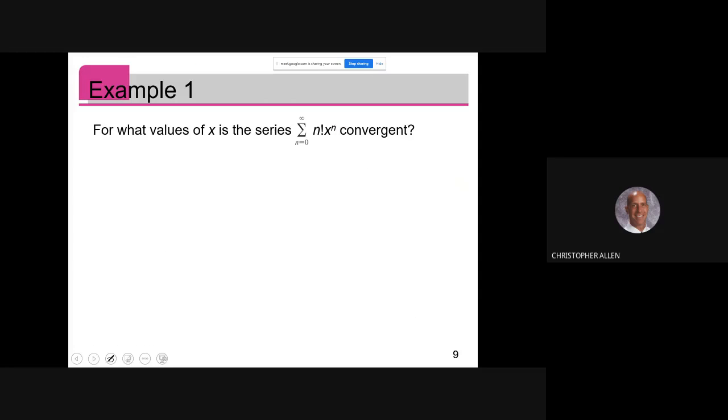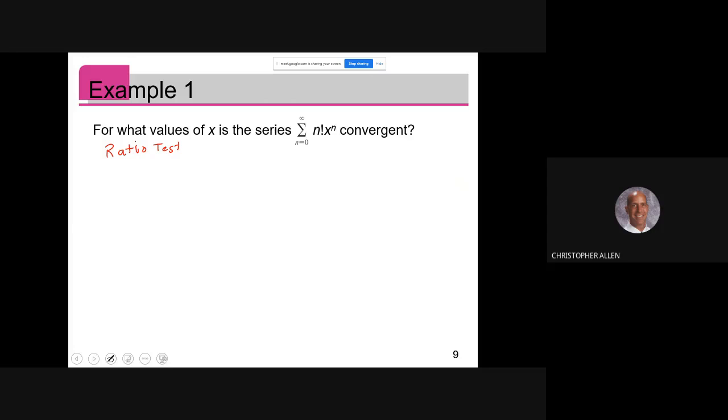So let's go ahead and look for what values of x this series is convergent. So here's our first example. I'm going to put my clicker down. All right, in order for us to figure out where this converges, we are going to use one of my favorite tests, the ratio test.